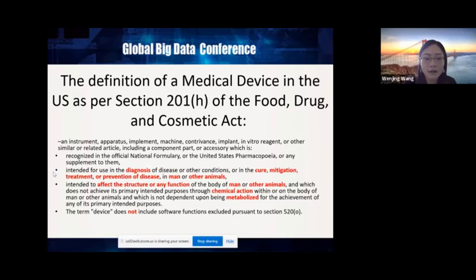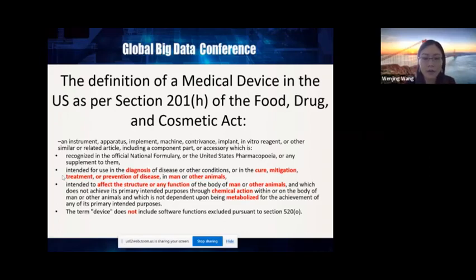And the definition covers not only humans, it also covers animals. So that's very different from some definitions. For instance, in the EU medical device regulations, they excluded the diagnosis of animals, and they only focus on humans.